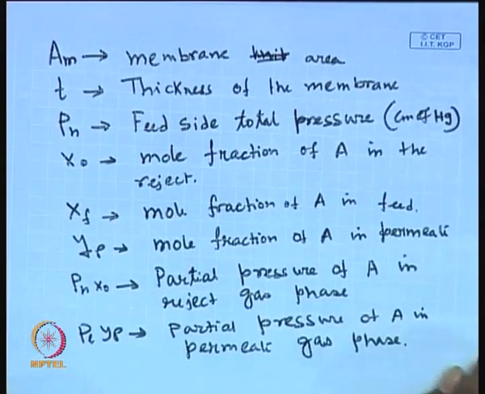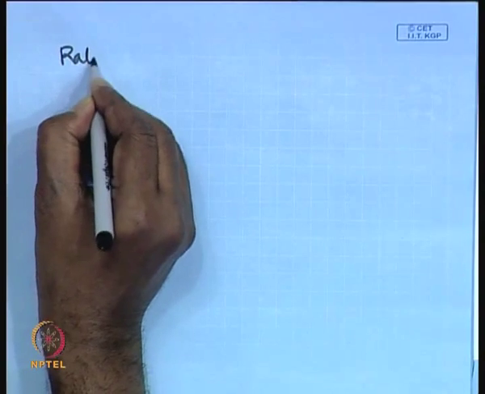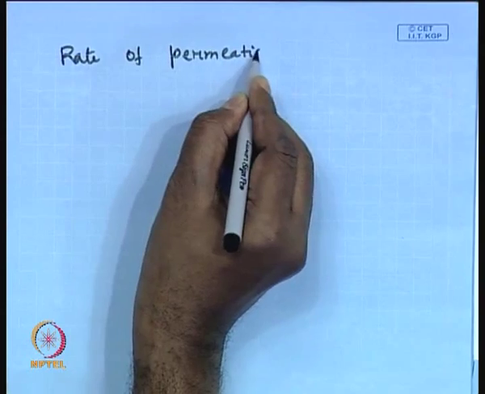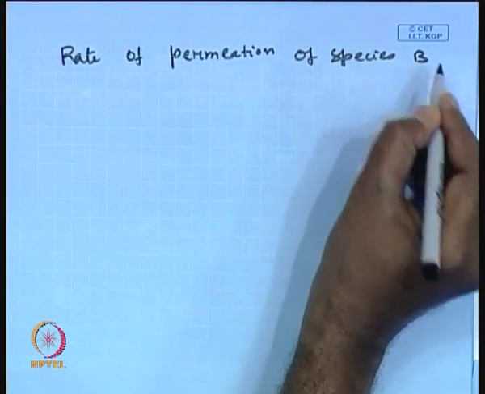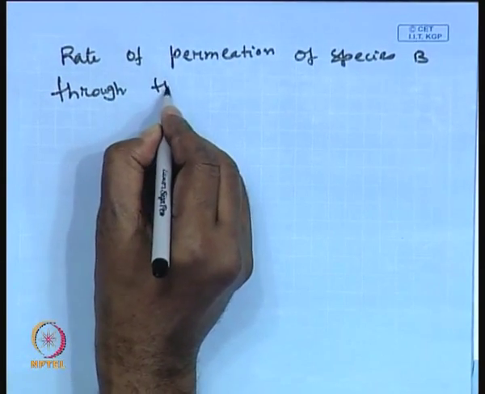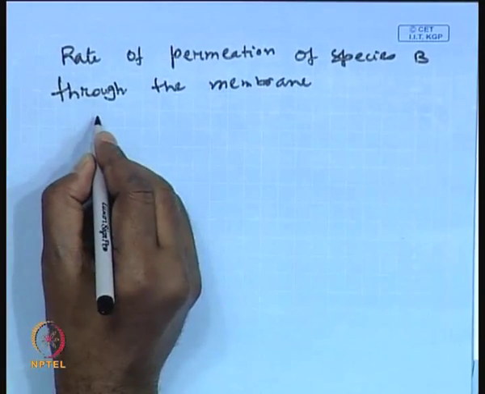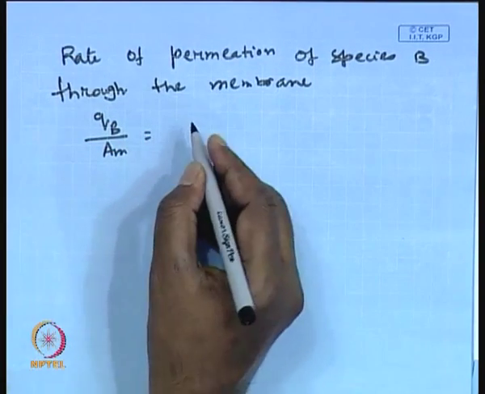Okay. Now, once you identify all the parameters, now let us write down the rate of permeation of species B through the membrane. That will be nothing but Q B divided by A M membrane area, and what is QB?